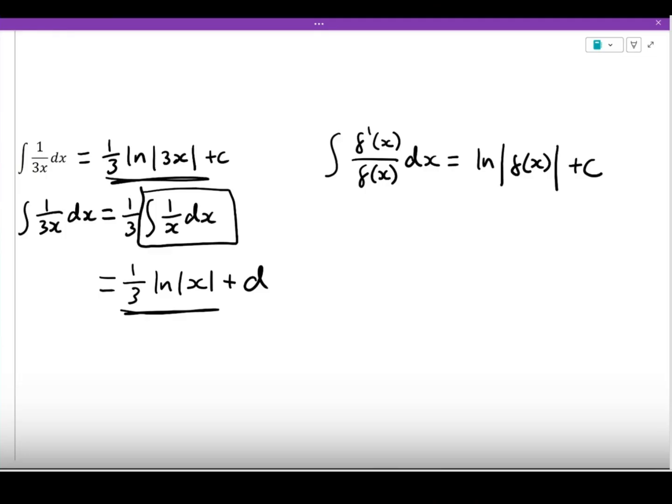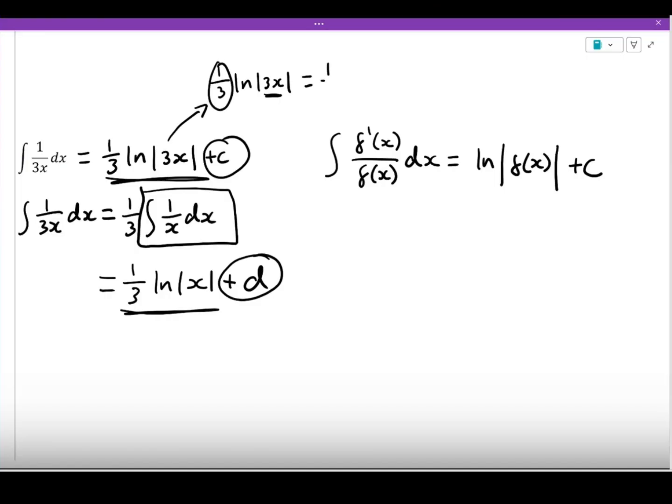Now you might be thinking, oh, they look different, surely one's correct, one's not. Actually, they're equivalent, they're just going to have different constants, hence why I've written different letters. Now as to why, let's go back to this first one and manipulate our 1/3 of the natural logarithm of the modulus of 3x. Using log laws, if we have multiplication in here, we can write this as the sum of two logs.